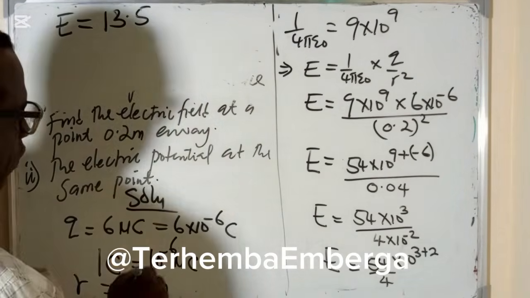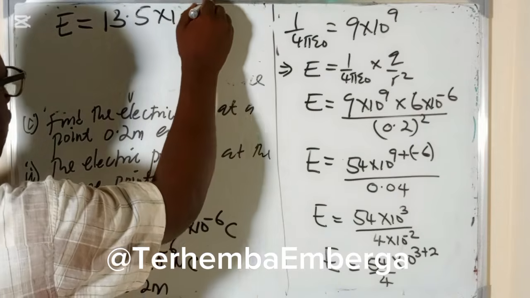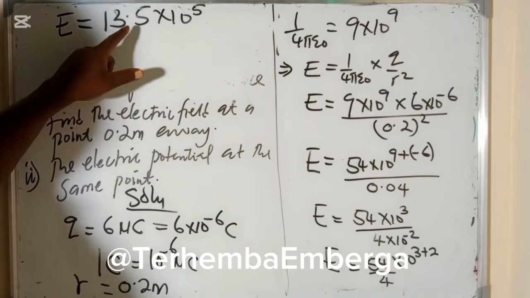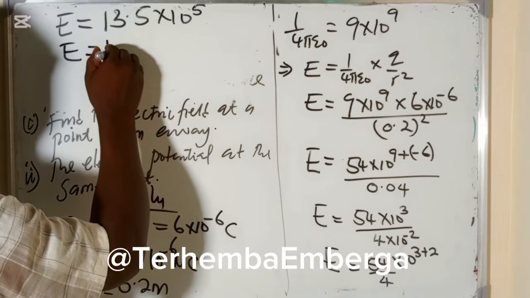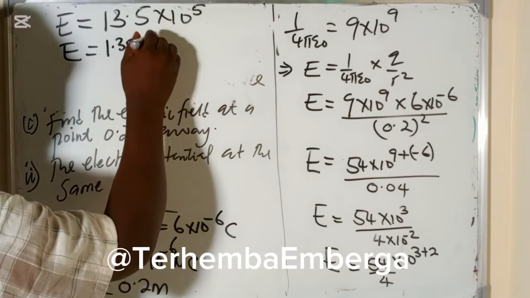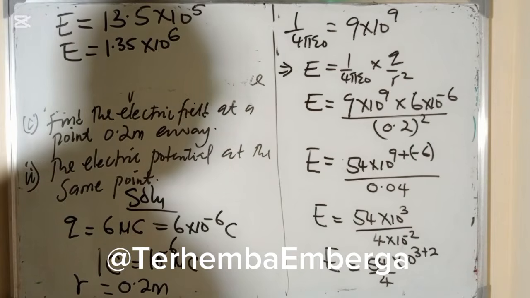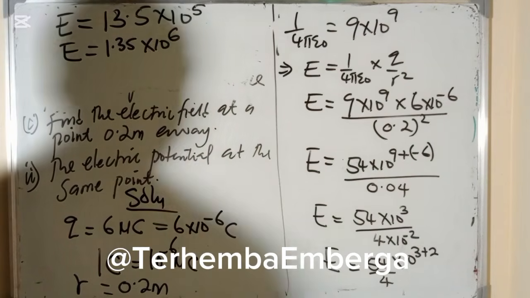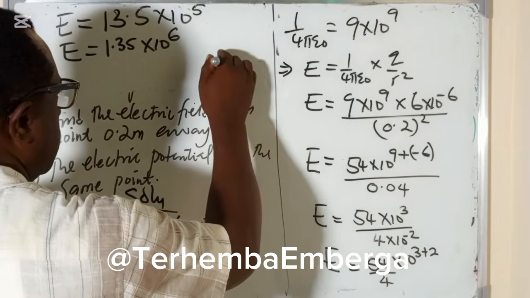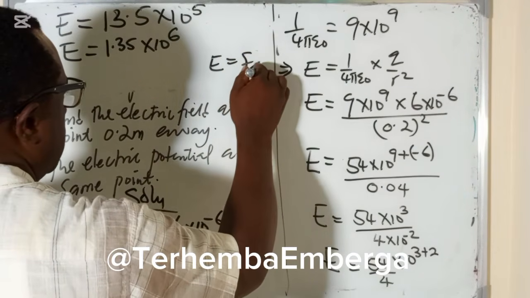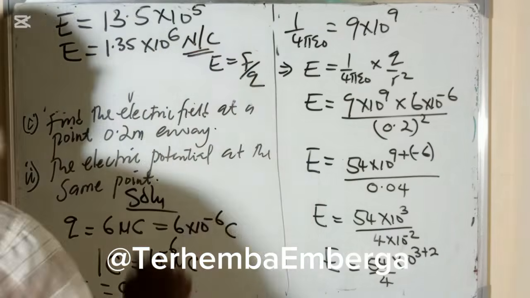That is 13.5 times 10 raised to power 5. But we can write this as, if you like, 1.35 times 10 raised to power 6. And what is the unit? Electric field is force per unit charge, so that will be newtons per coulomb.